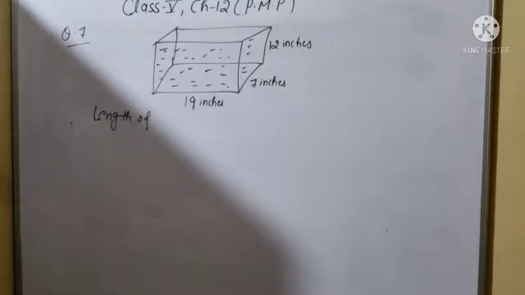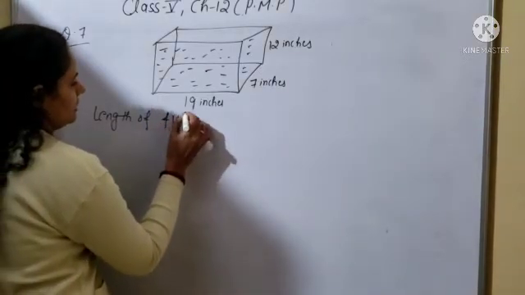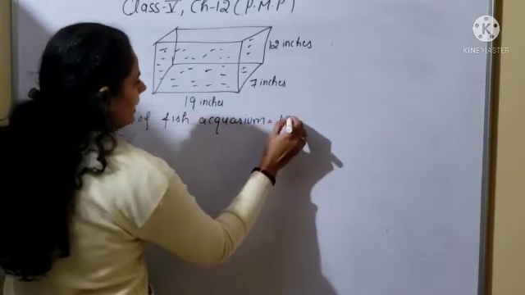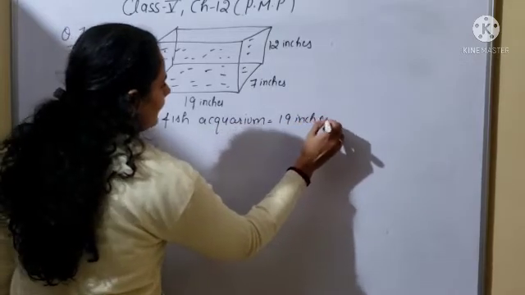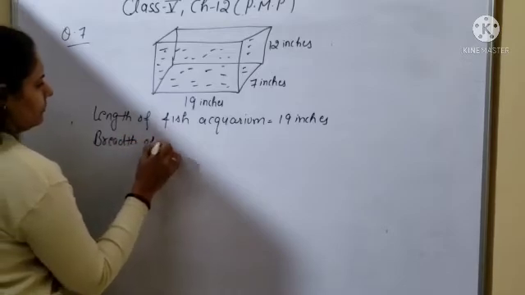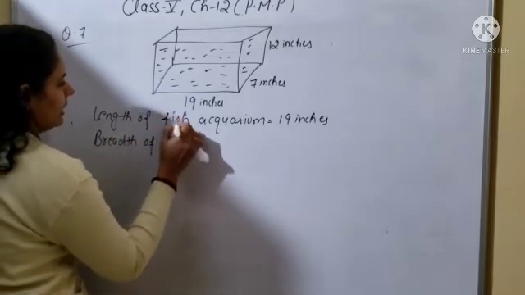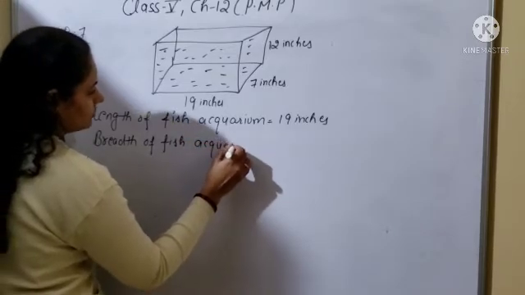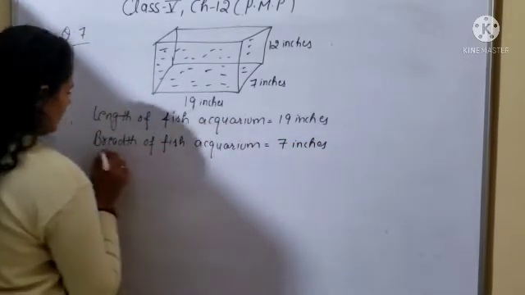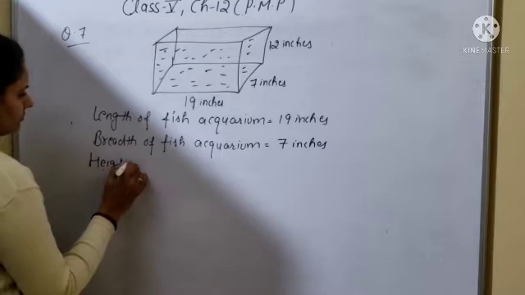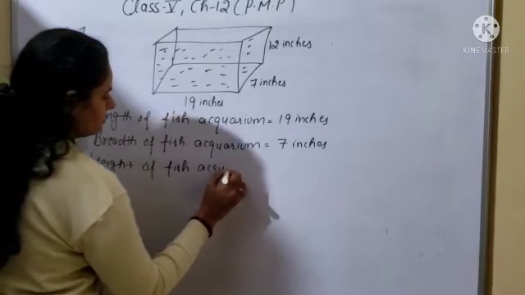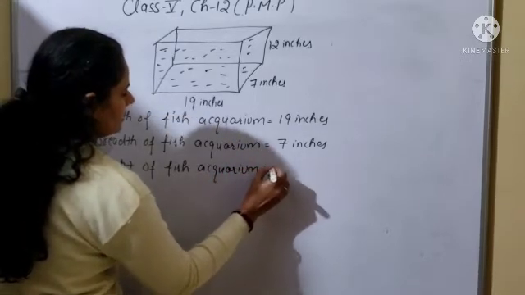So write down: length of fish aquarium is equal to 19 inches, breadth of fish aquarium is equal to 7 inches, height of fish aquarium is equal to 12 inches.